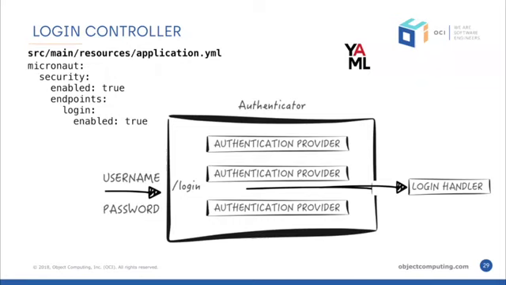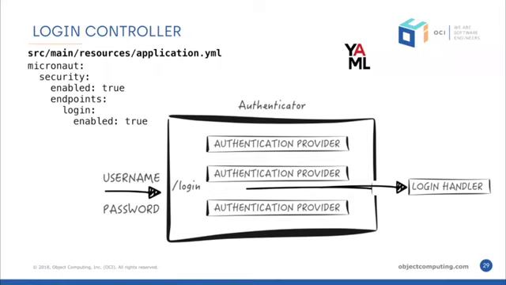If you are using something like JWT, which we will see later, you will create a JSON object and send that back to the browser. Or, even if you are using JWT, you may choose to create a cookie with the JWT in it. And if none of those is enough for you, you can create your own login handler.